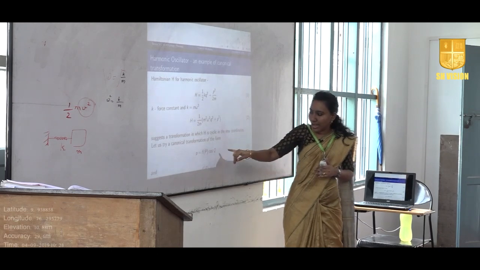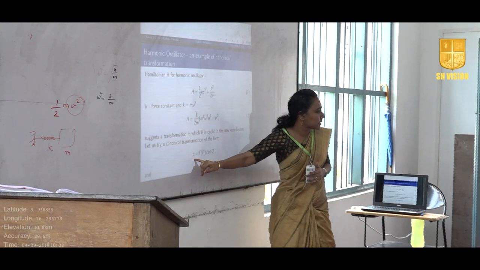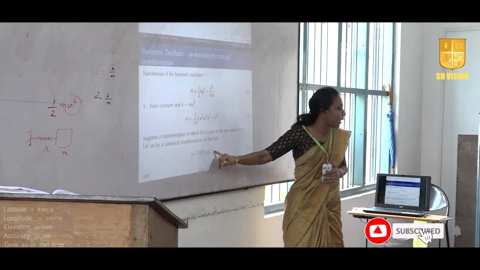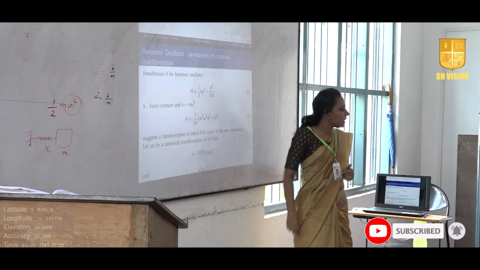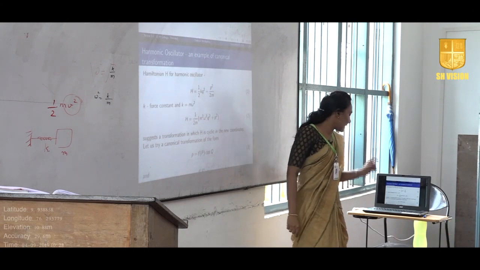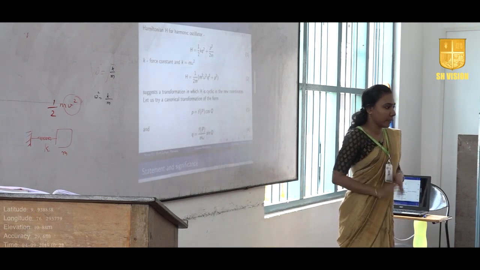For that, you can see that p is represented in terms of the new coordinates, capital Q and capital P, and f(P) defines a function that can produce the canonical transformation.